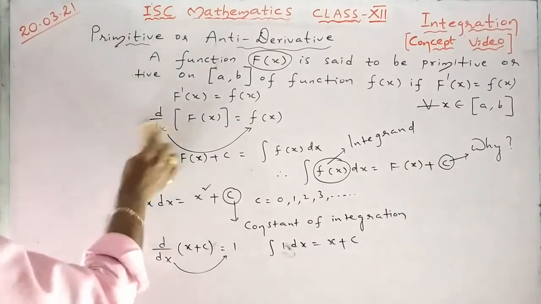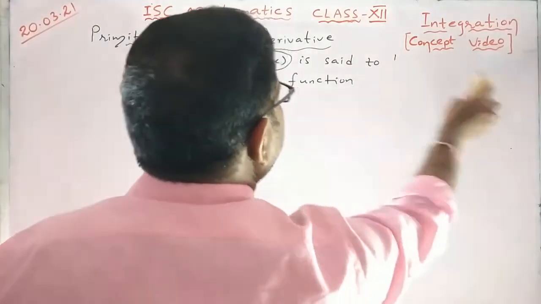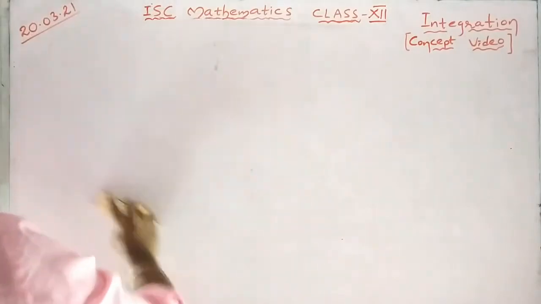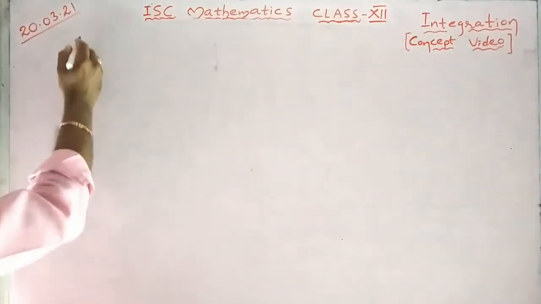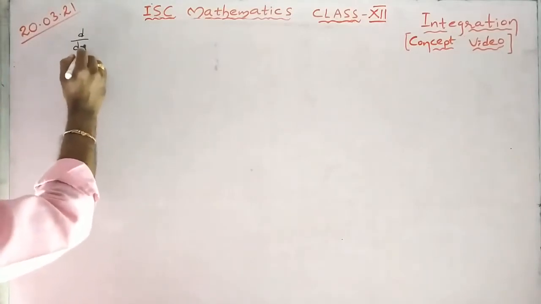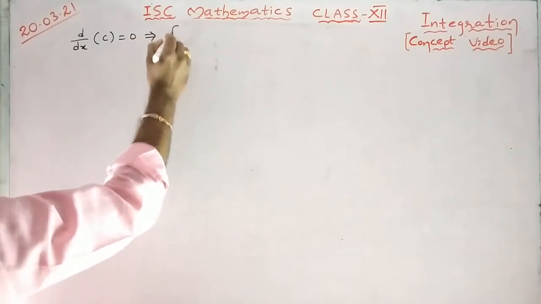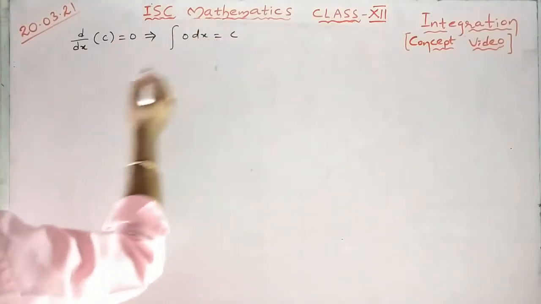The derivative of a constant is actually 0, then integration of 0 dx will be c, constant.